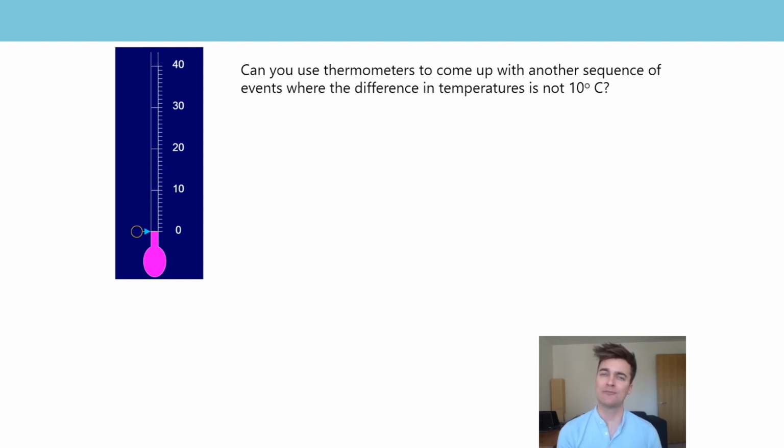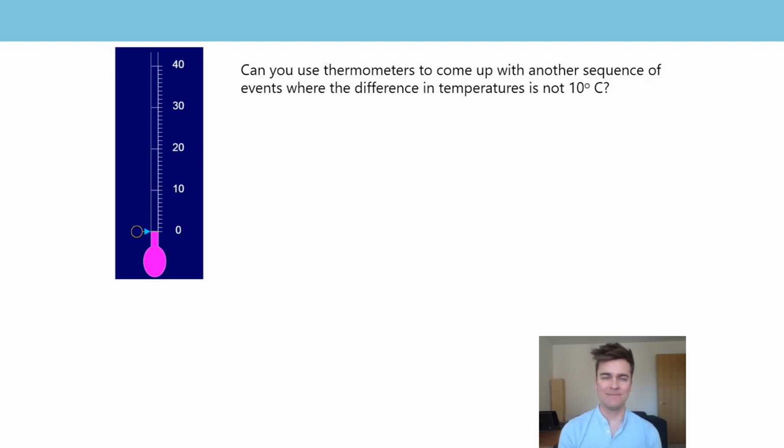Don't use the same difference of 10. Change your difference. Keep it the same with each change of temperature, and use some subtraction equations to represent those changes, to represent that same difference. Press pause, give it a go, and then press play again, and I'll have some questions for you about what you've done. Press pause.